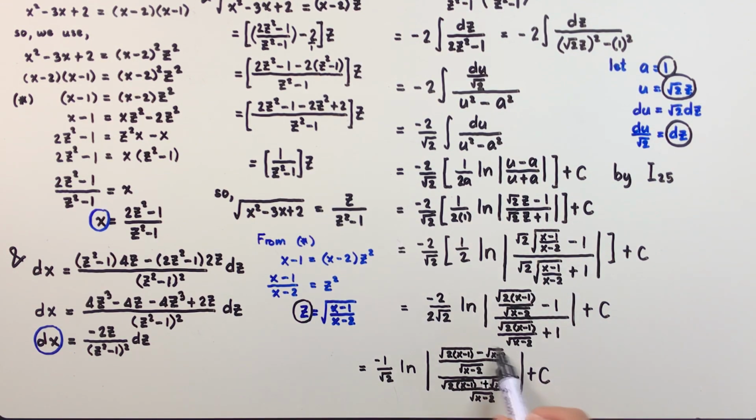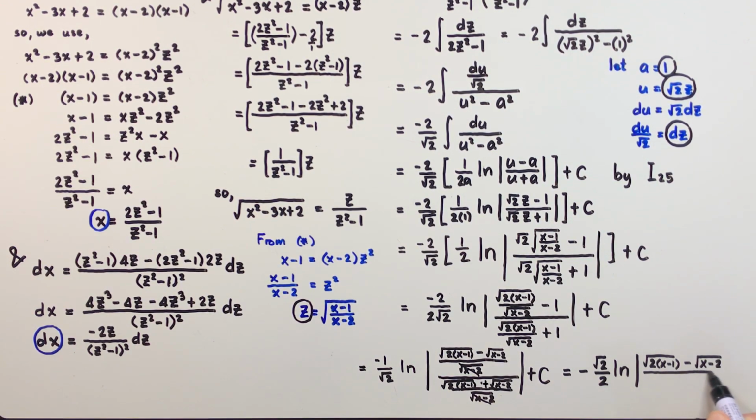And multiplying this fractional numerator by the reciprocal of the denominator, their denominators cancel each other. So our final answer can be expressed as the negative square root of 2 over 2 times the natural log of the absolute value of the square root of 2 times x minus 1 minus square root of x minus 2.